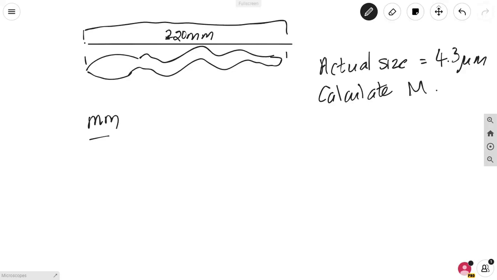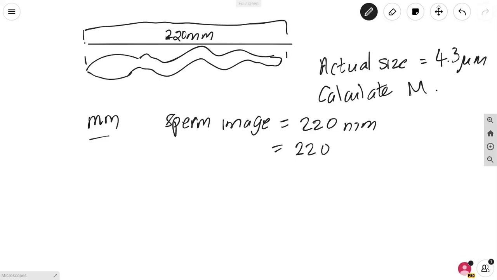So we now know that our sperm image is 220 millimeters, which we know is 220,000 micrometers. Why do I convert into micrometers? I convert into micrometers because this actual size is in micrometers.